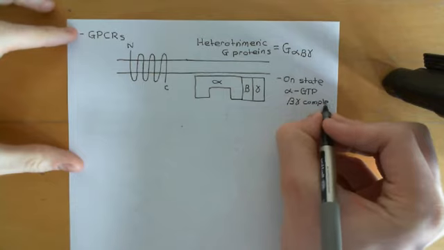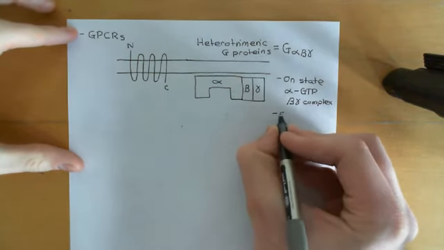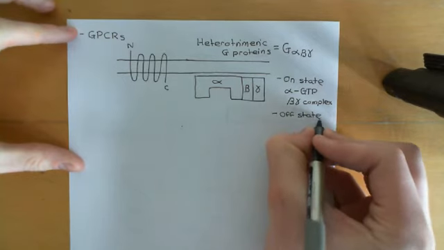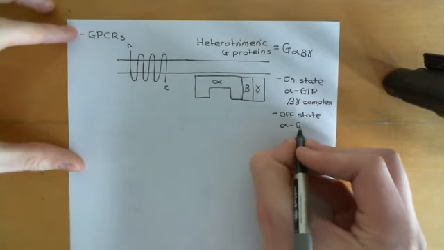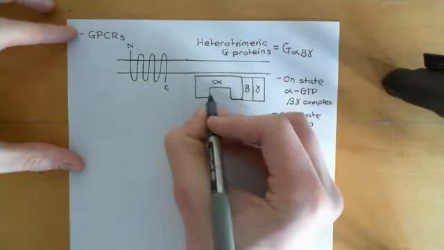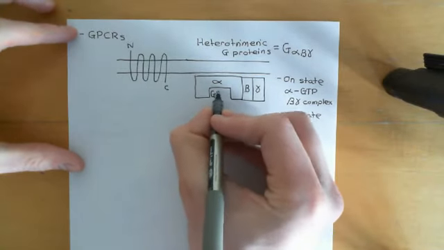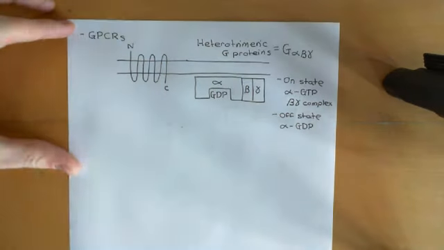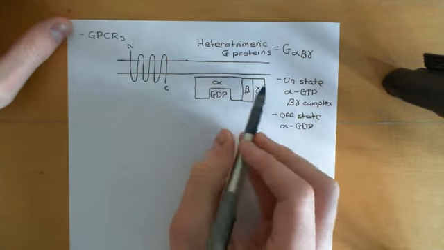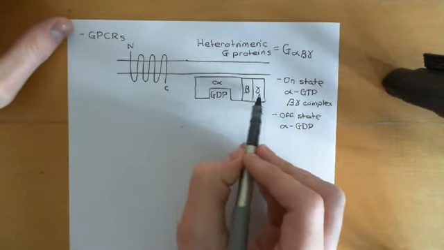The beta and gamma subunits which remain together are called the beta-gamma complex. Okay, however, we're going to start off in the off state. Okay, and in the off state, the alpha subunit instead has GDP bound to it, and when it has GDP bound to it, it remains bound to the beta and the gamma subunit. Okay, so the whole thing remains as a trimer. So we'll start off in this off state where the alpha subunit has the GDP bound here, and therefore is attached to the beta gamma complex here.